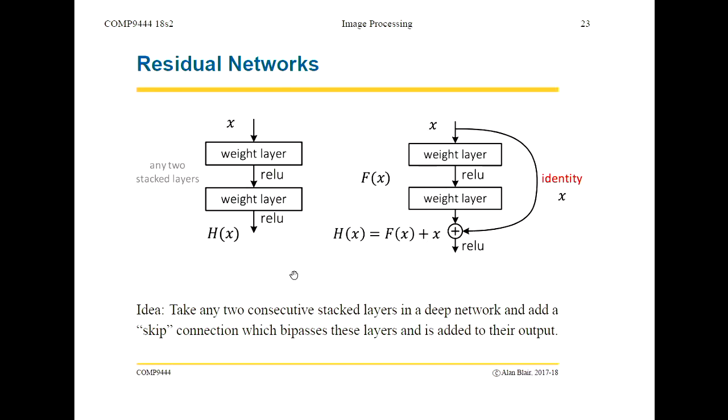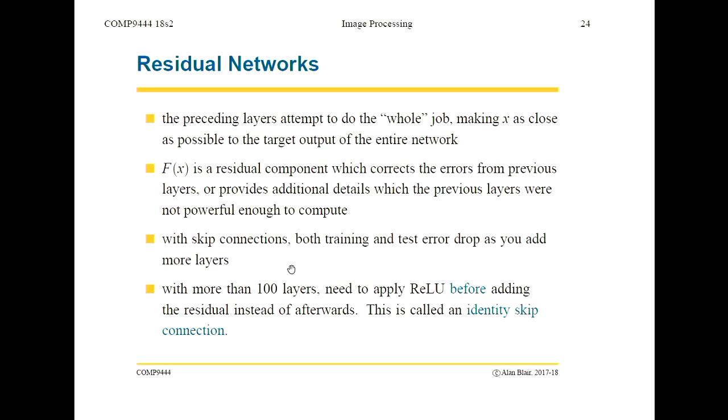So it's possible for the differentials to go back deep into the network by using these shortcut connections. So this is a residual component that corrects the errors from the previous layers or provides additional details which previous layers were not powerful enough to compute.